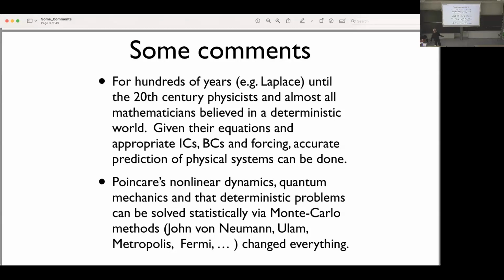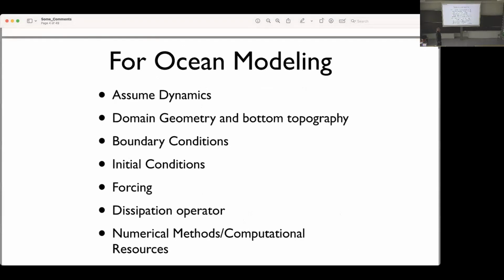And then at the same time, or slightly before that, quantum mechanics came on board, which shook up the physics community and brought the stochastic nature into problems that seemed deterministic, and it's very fitting at the Schrödinger Institute. I think the same thing is starting to happen in oceanography, where last century everything was deterministic, and now things are becoming much more stochastic.